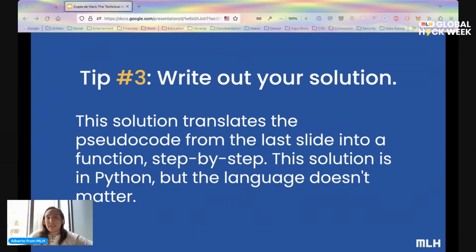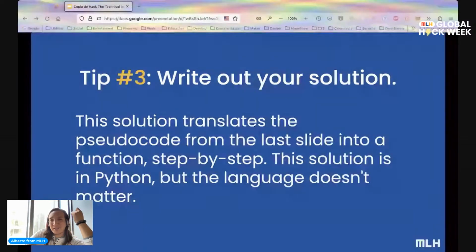How do you write this solution? You can write it in whatever language you want. I will give you 3 minutes. Don't worry. I'm thinking, I don't know if it is a good idea. Can you share the link to the presentation? Of course, at the end I'll share it with you.